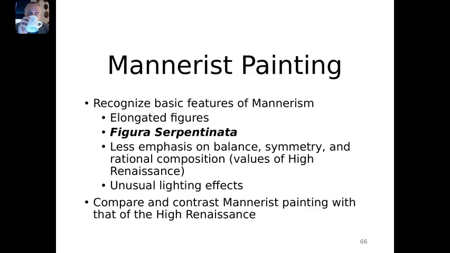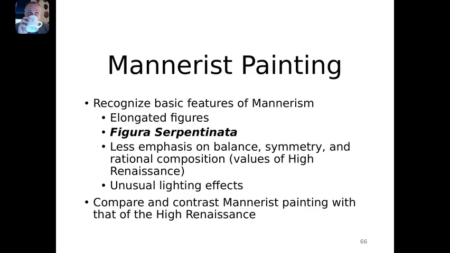There's kind of an underlying current of eroticism that pervades a lot of Mannerist painting. There is an undercurrent of the nobility being patrons. This is what rich people like to see, and so that tends to be who patronizes Mannerist work.